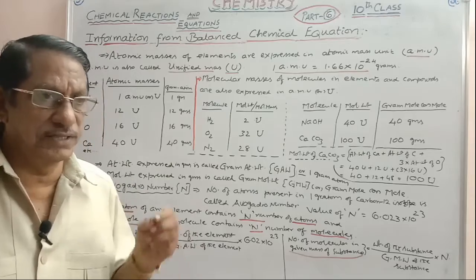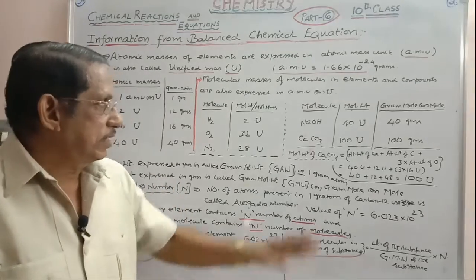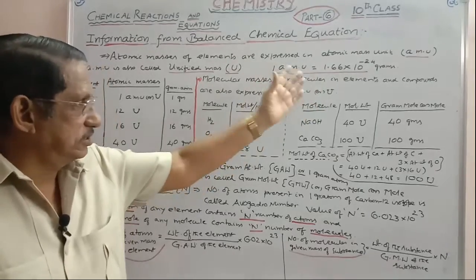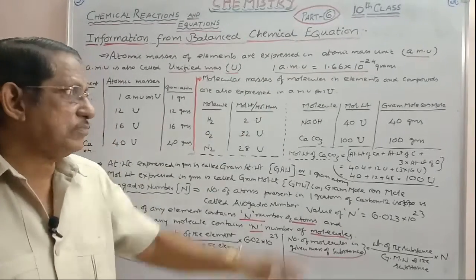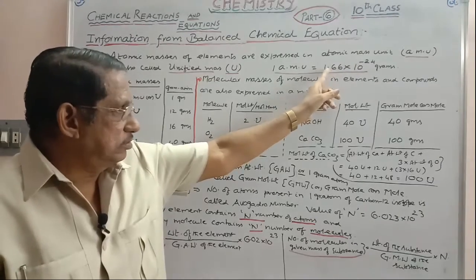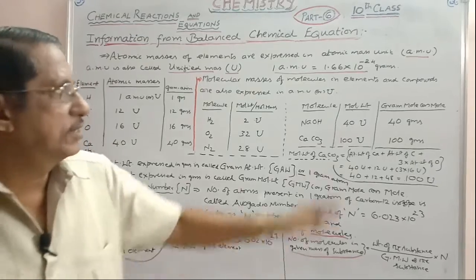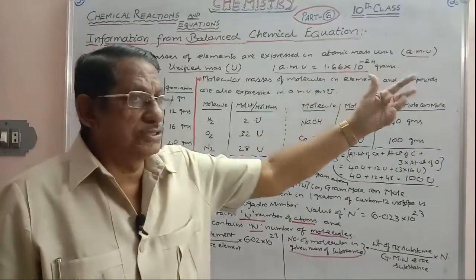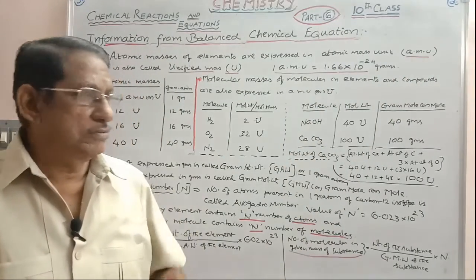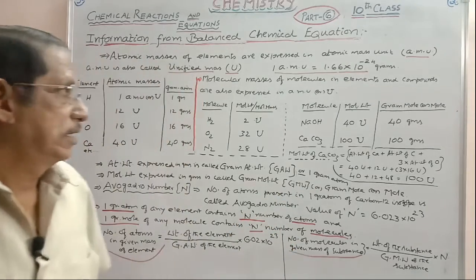Actually, the weight of 1/12 of the C-12 isotope is called one AMU, and so we will express all the masses in AMUs. One AMU is equal to 1.66 × 10^-24 grams or 1.66 × 10^-27 kg. Whatever unit you can adopt, you can take into account.